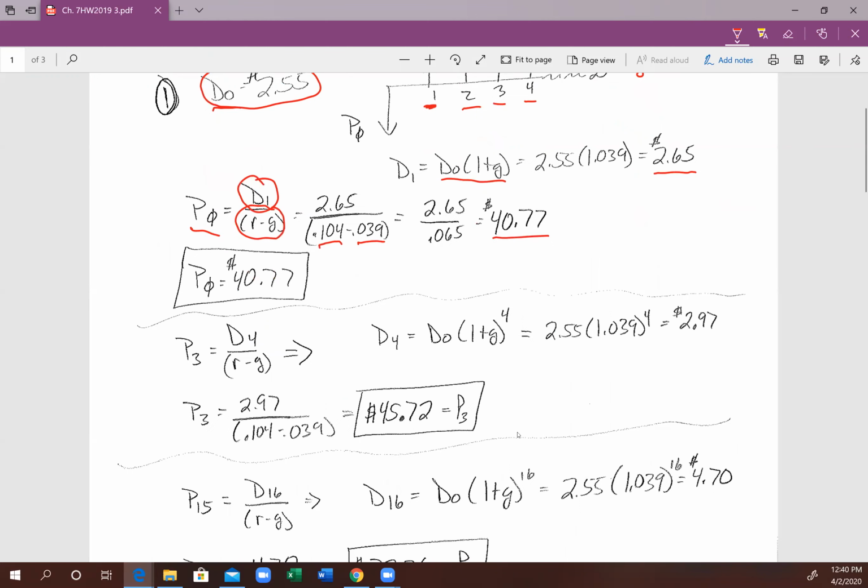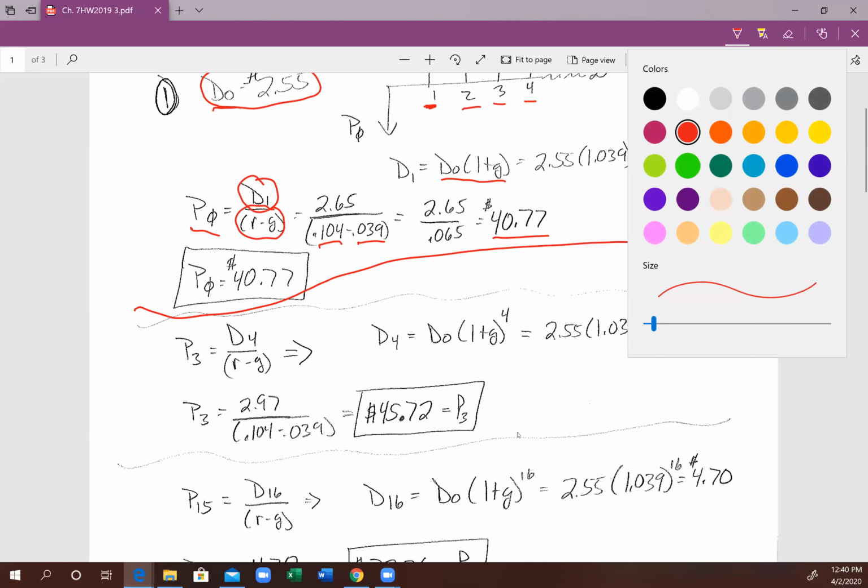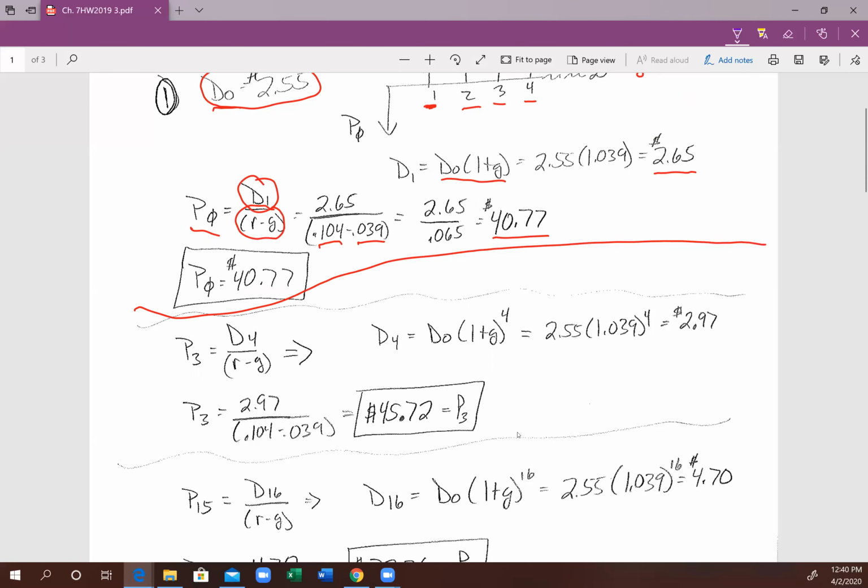Now the next part of the question said, what will the price be in 3 years? So if we're looking for P3, the price 3 years from now, then we've got to find the present value of the cash flows in year 4, 5, 6 to infinity.